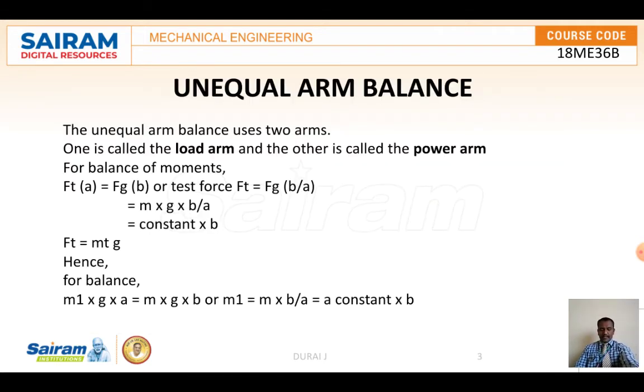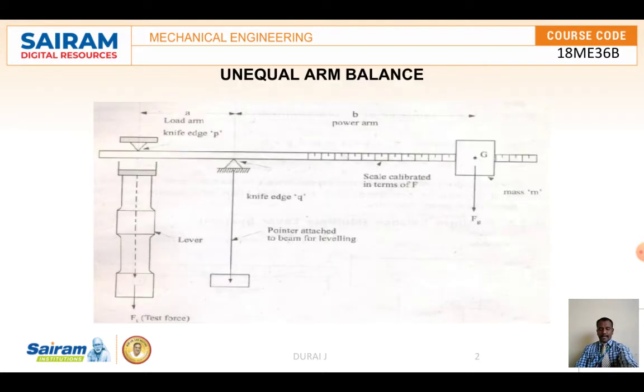Here the arm b may be calibrated to read the unknown mass m1 directly if m and a are fixed, and this forms the basis of the counterless weight machine. Normally, whatever weight we put here has a multiplication factor.